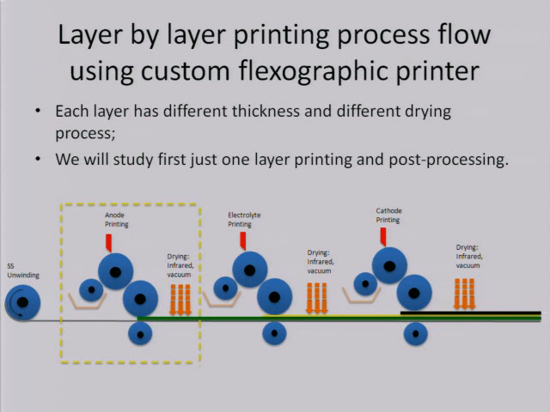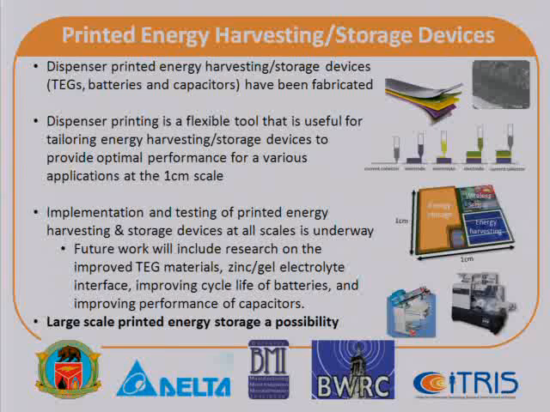But you have to be careful that by the time the anode material has gone from here over to this print station, it's dried. Because if it doesn't, you'll smudge everything, right? And in this case, smudging is not just an aesthetic problem. It is a problem that the battery won't work. So you need some drying, probably by infrared heating, maybe by applying a vacuum at this stage, at all stages between the print stations. So that's something we need to address as we move forward.